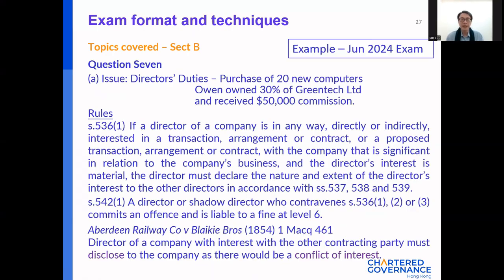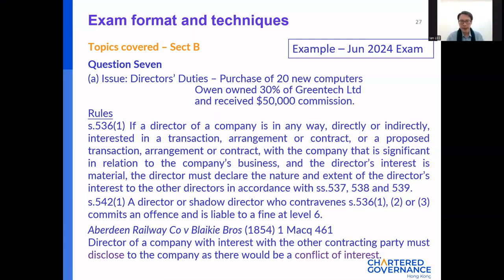If a director of a company is in any way interested in a transaction with the company that is significant in relation to the company's business and the director's interest is material, the director must declare the nature and extent of the director's interest to the other directors. Okay, so you can see this is the requirement of 536.